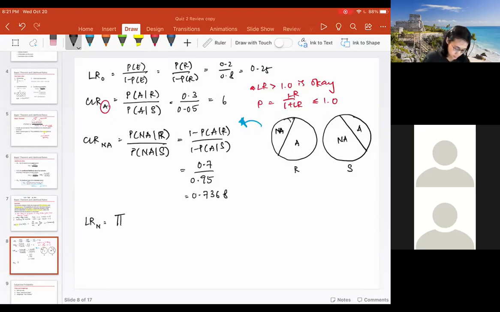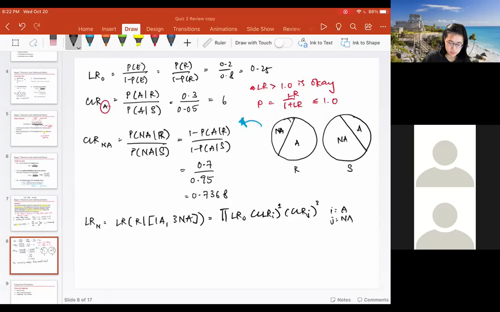So this is just to reiterate, risky given 1 accident, 3 no accidents, is the formula CLR I to the power 1 times CLR J to the power 3, where I is accident and J is no accident. Right? And this is just simple arithmetic, and you plug it all in, and then you're going to get 0.60.